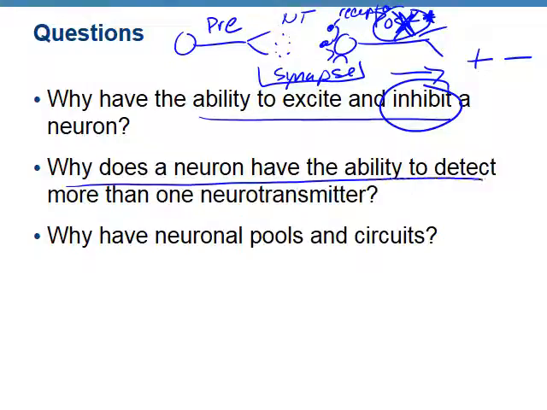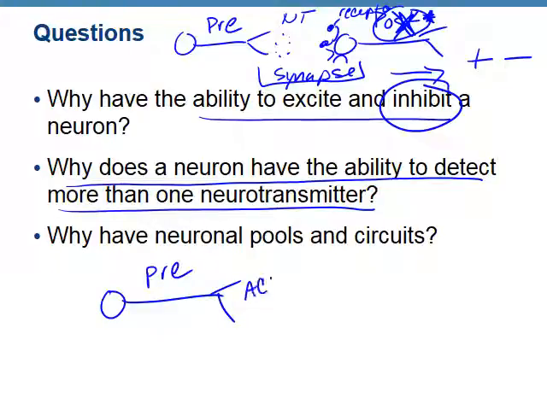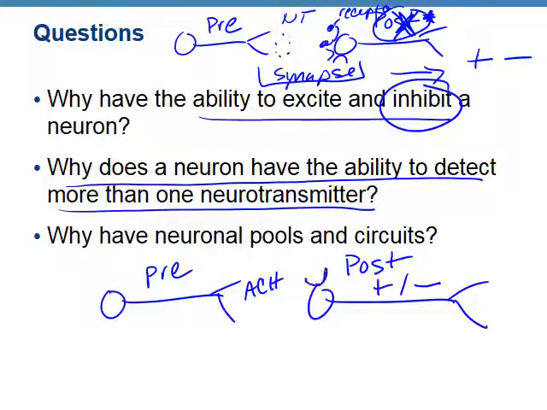Why does a neuron have the ability to detect more than one neurotransmitter? So again, I have this neuron, which is the pre, and let's say it releases acetylcholine. The only way the post will either be excited or inhibited is if I have an acetylcholine receptor. If I don't have an acetylcholine receptor, it doesn't matter that acetylcholine is released. It won't bind.